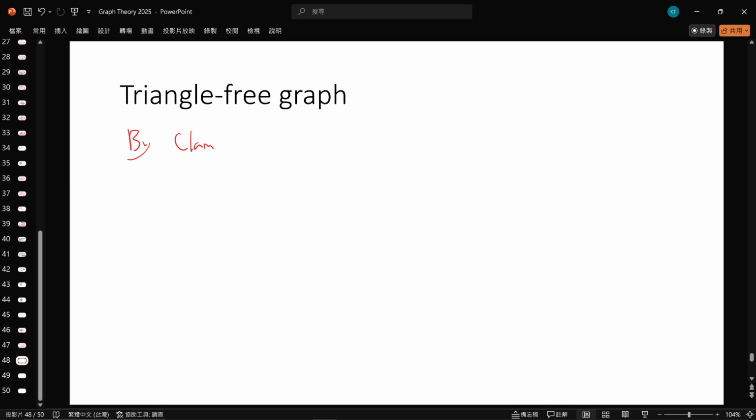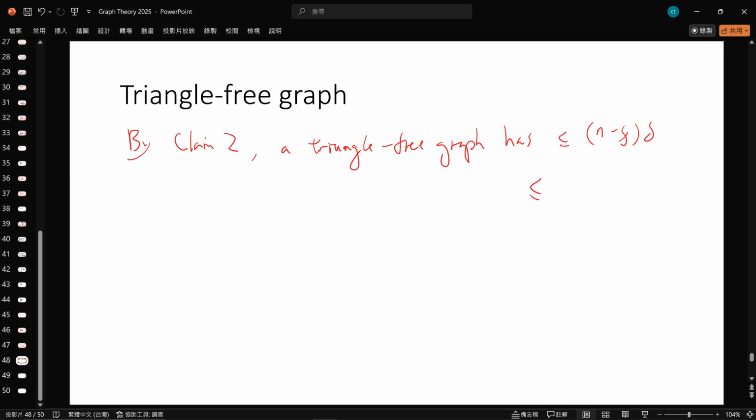So by claim 2, a triangle-free graph has at most n minus delta times delta edges.